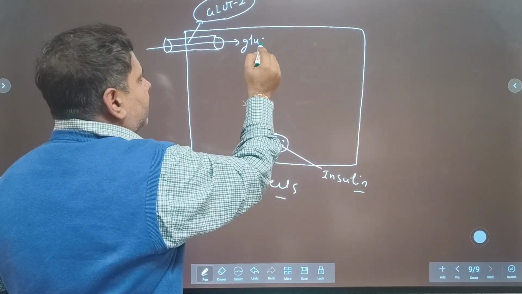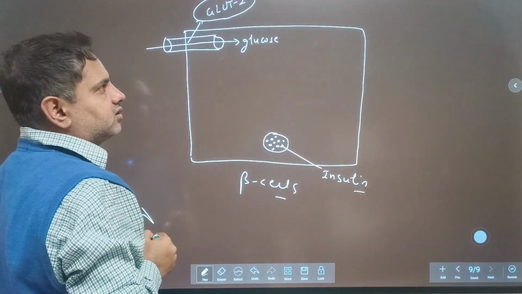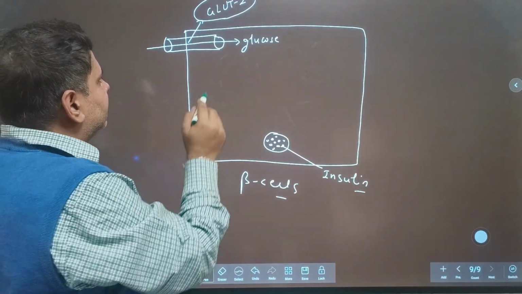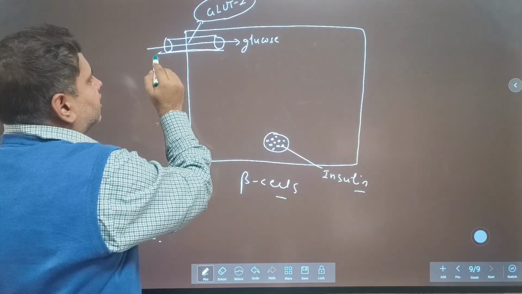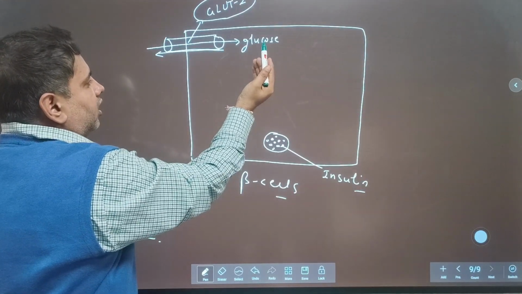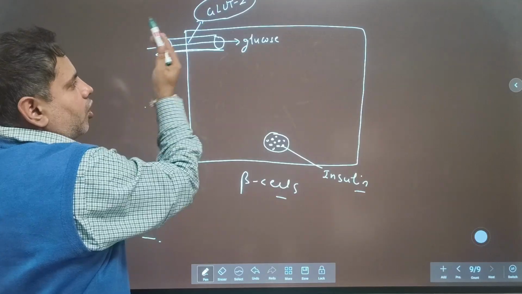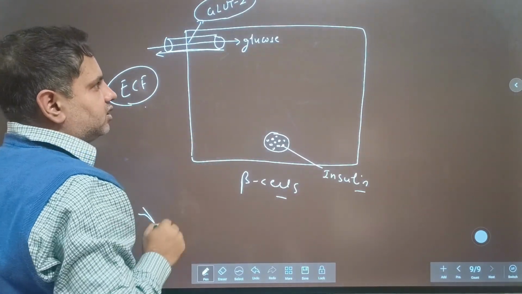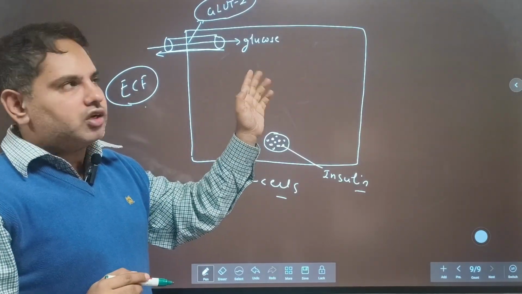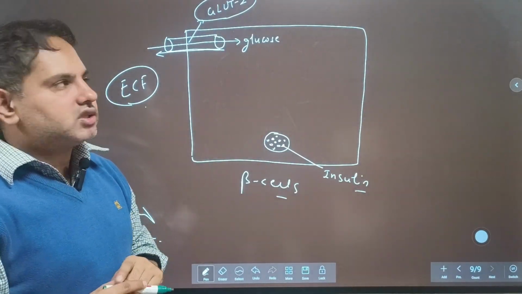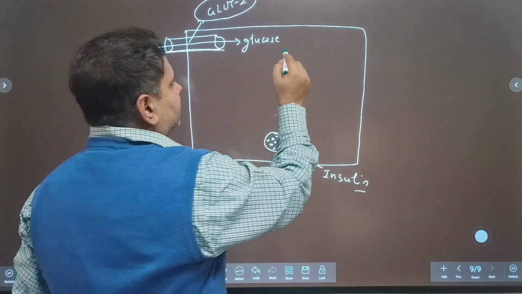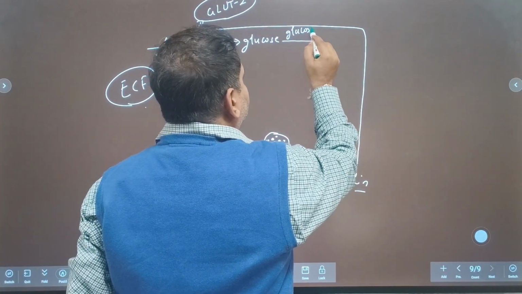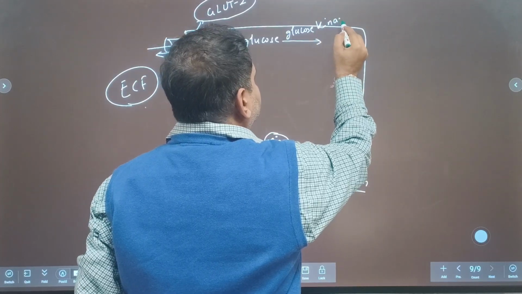So glucose will enter inside the cells. These channels are bidirectional, meaning glucose can move from inside to outside and from outside to inside. This is the extracellular fluid outside the cells. Glucose enters through these GLUT transporters, and inside the cells there is the enzyme glucokinase.